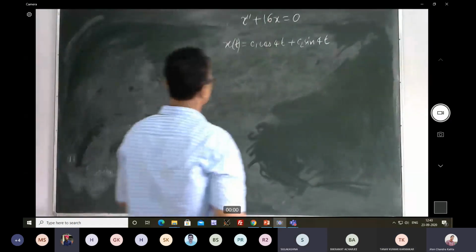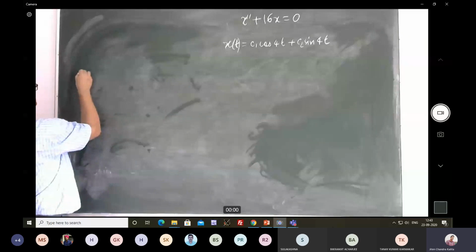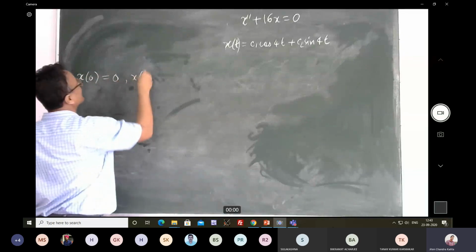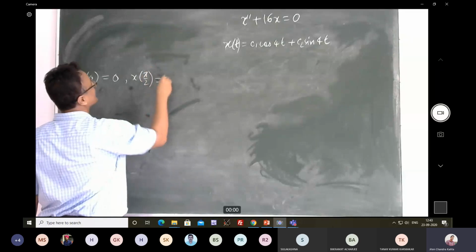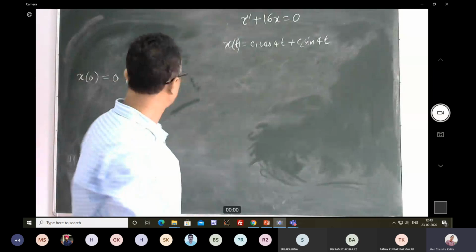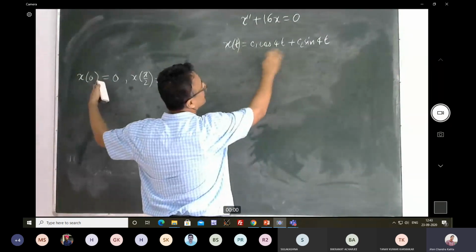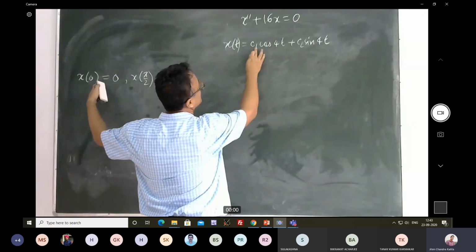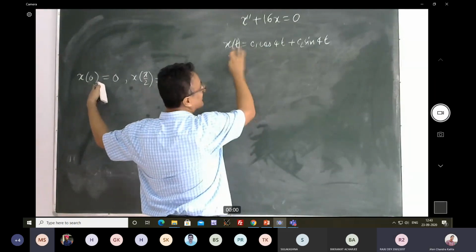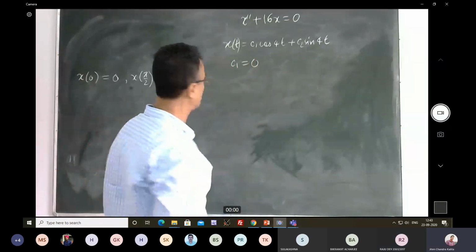Now suppose I impose the boundary conditions like this. If I plug in x(0) equal to 0, this gives me c1 equal to 0.